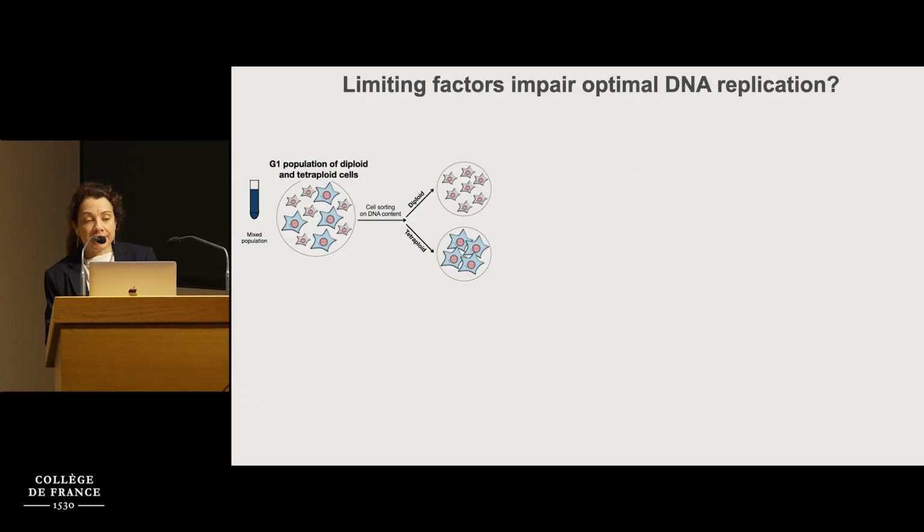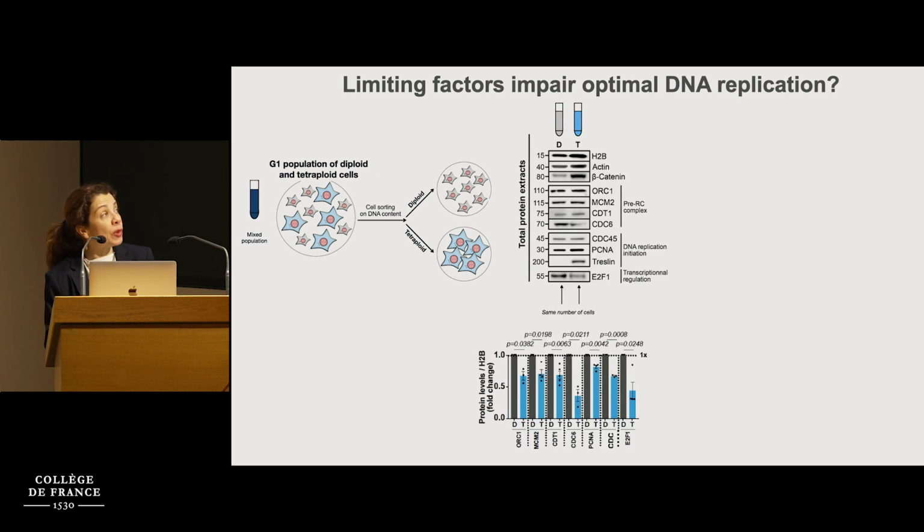So we did mass measures, which I'm not showing here, and we had this surprising result that indeed the mass accumulation between diploid and tetraploid cells was not double as expected. And so we started looking at DNA replication components. From the same culture, we FACS sorted diploid and tetraploid cells, made protein extracts, and migrated the same number of cells on protein gels and performed Western blots, either total protein extracts or nuclear extracts.